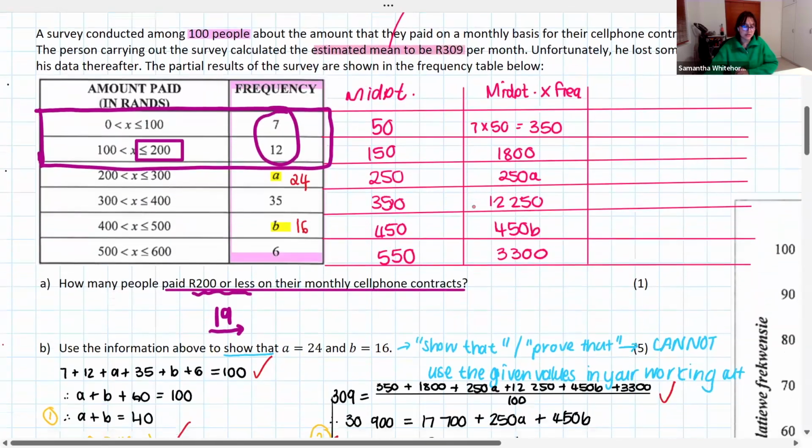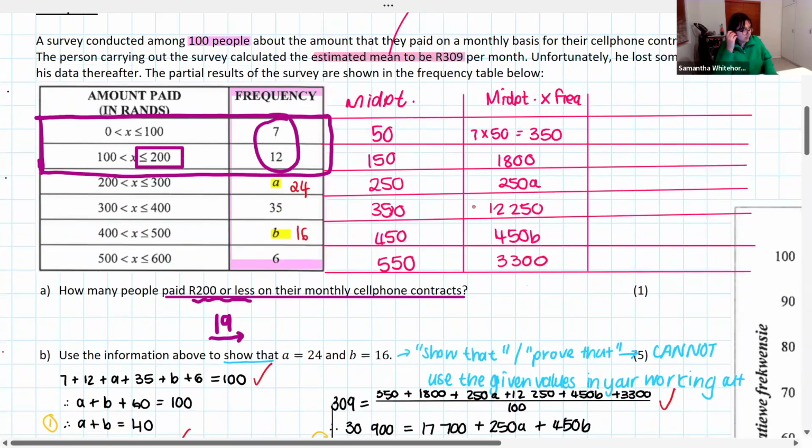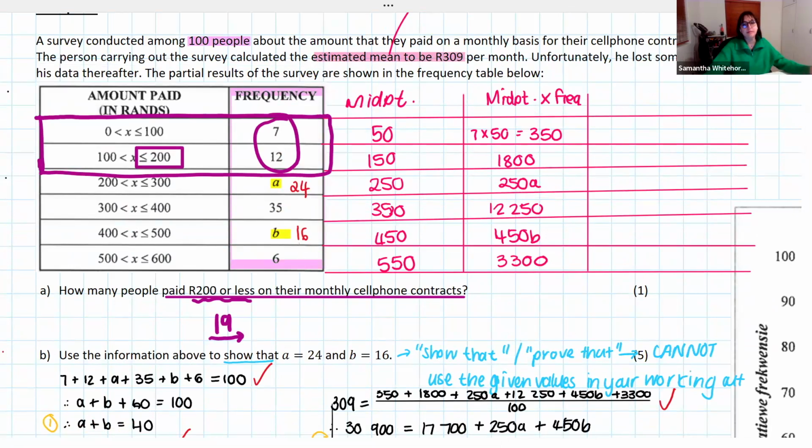So question C says, write down the modal class for the data. So have a look. Tell me, you can unmute, you can put it in the chat. What is the modal class for this data set? Modal class, modal interval, same thing. But I want you to tell me which one is the modal interval or class.